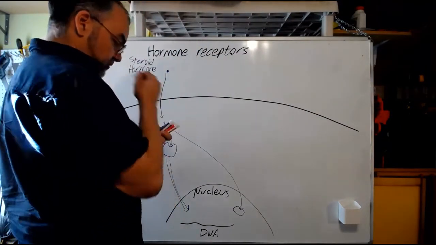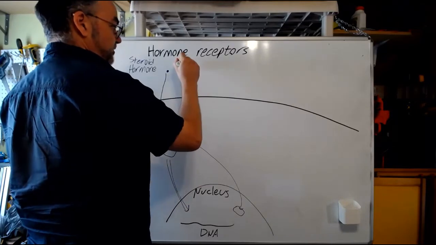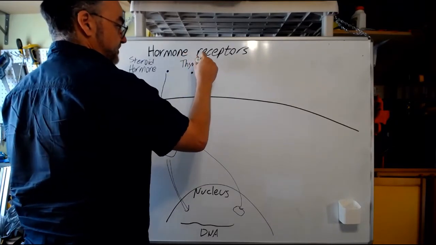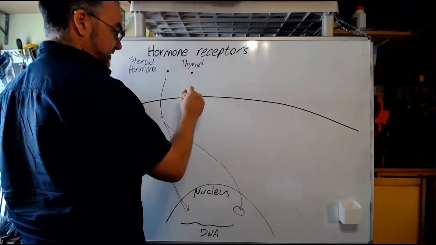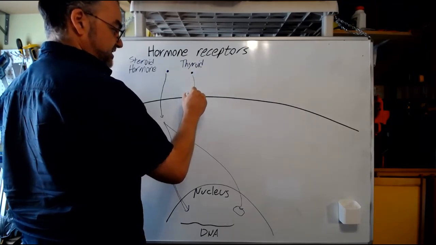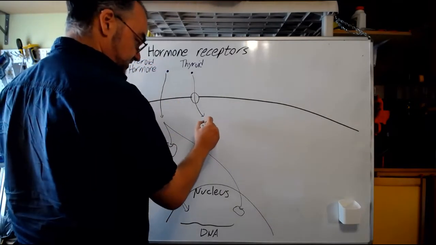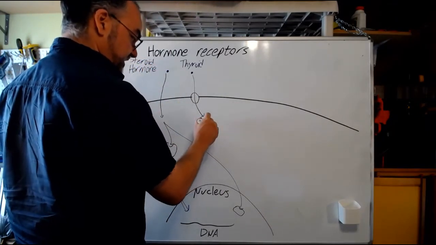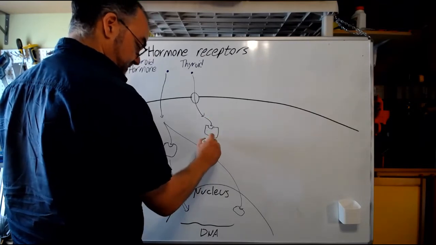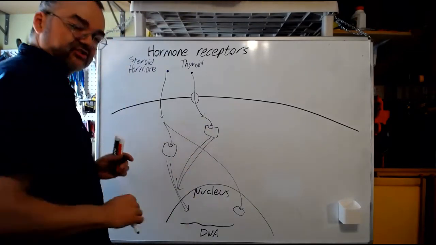to other receptors. Okay, so another lipophilic hormone, like a thyroid hormone. Thyroid hormones have to have some kind of transporter. It's not a receptor, though. That transporter moves them into the cytoplasm, and then in there they will usually find a receptor, which then enters the nucleus like a steroid.